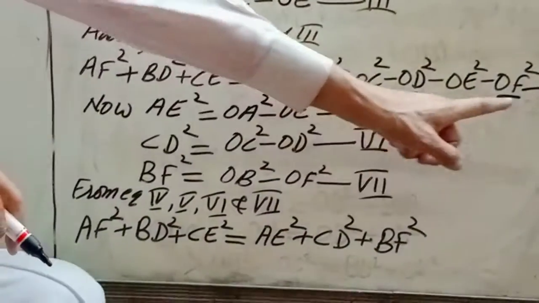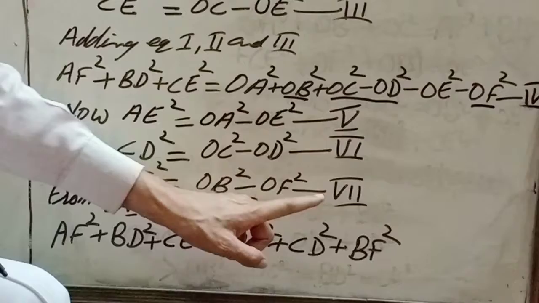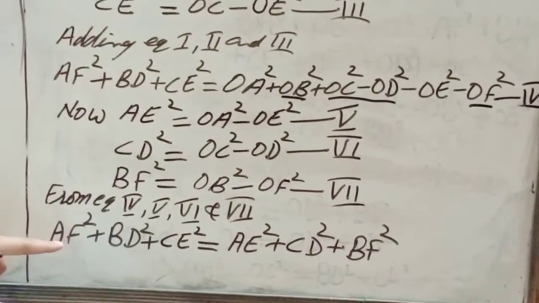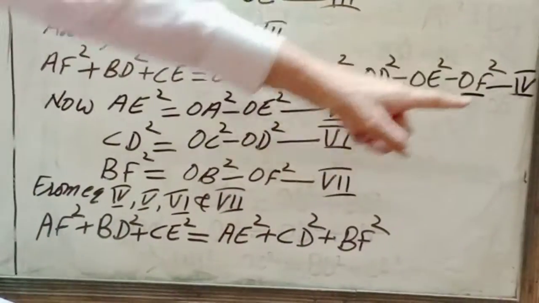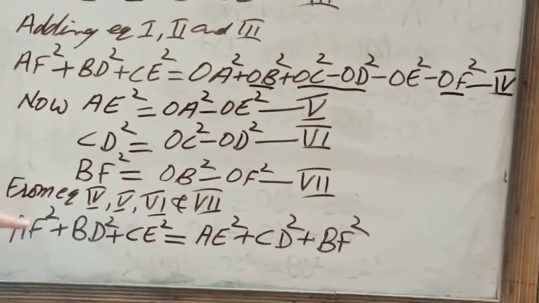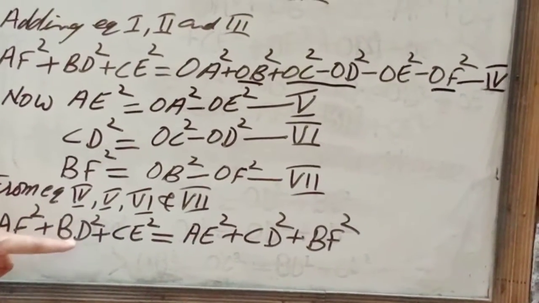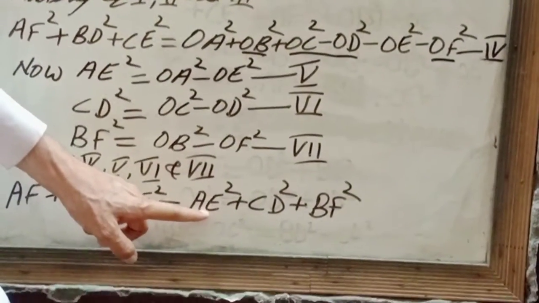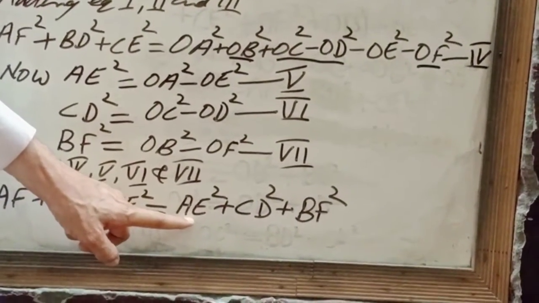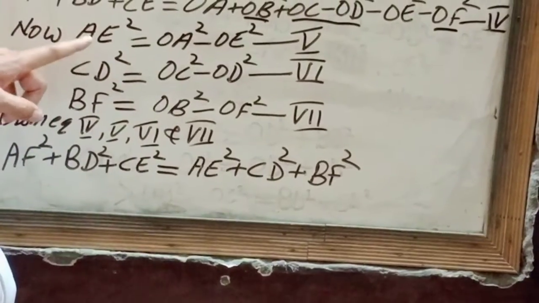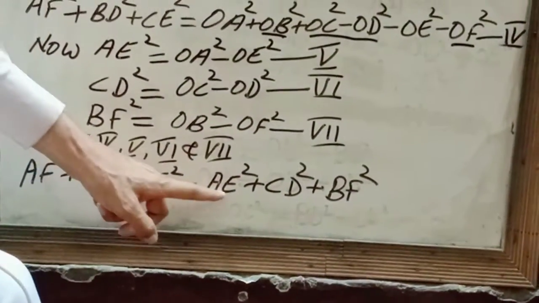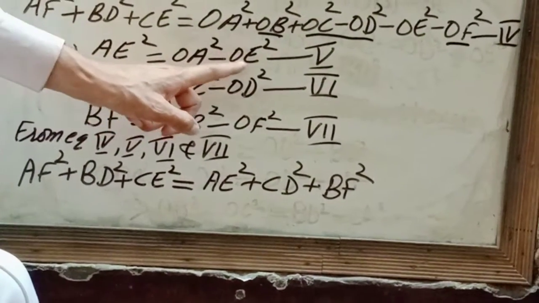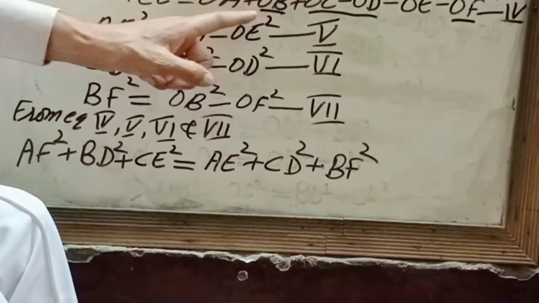So from all these 4 equations, we get AF square plus BD square plus CE square is equal to AE square. You have understood by now how we got AE square. AE square replaces OA square minus OE square in this.